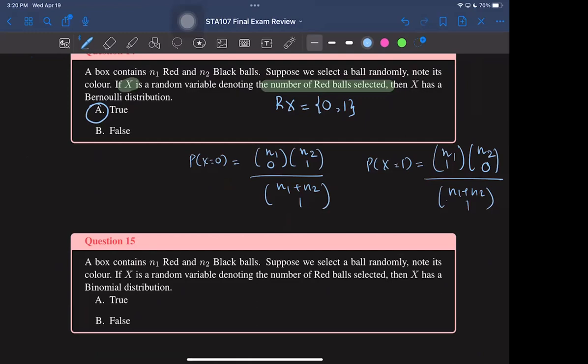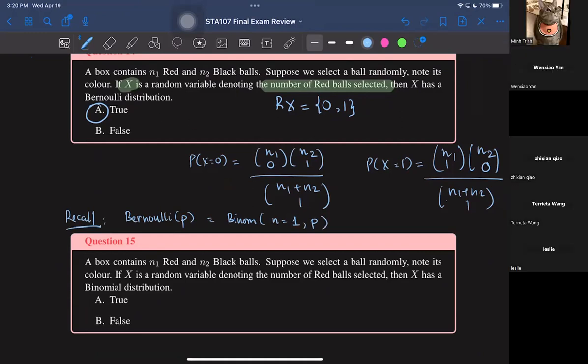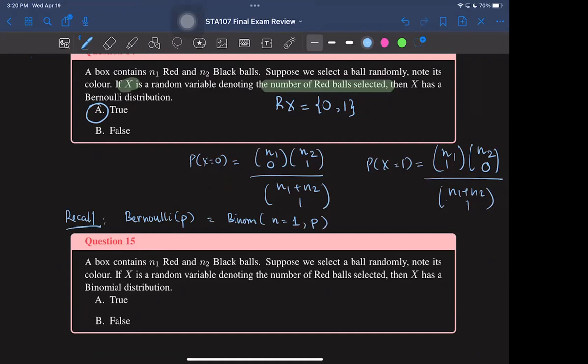Okay, I see one explanation that binomial distribution with one trial is Bernoulli distribution. That is correct. So we recall that Bernoulli is a special case of binomial. Bernoulli is actually binomial with number of trials equal to 1, and probability of success in each trial is P. It's good that most students choose true.